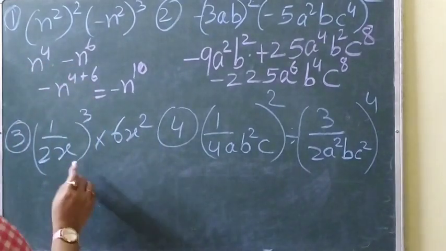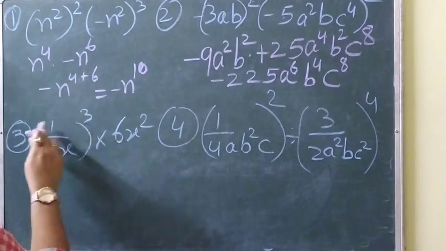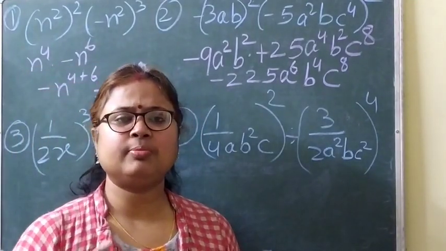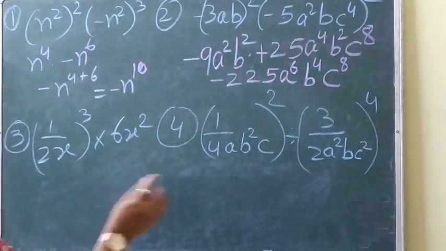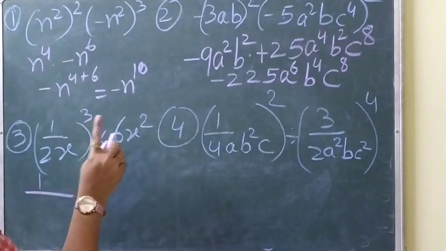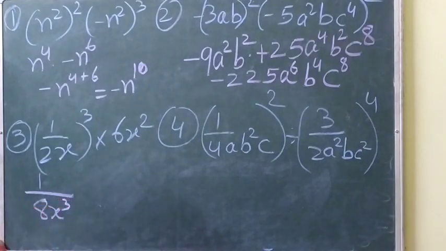Now come to question number 3. 1 by 2x, and the cube of this. So the cube of 1 is what? 1. Even if you multiply 100 times, the answer will still be 1. So here it will be 1 by 2 to the power 3, 8x cube. Okay.